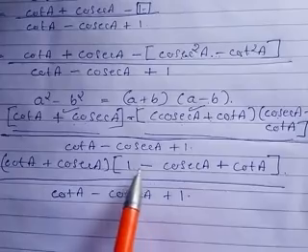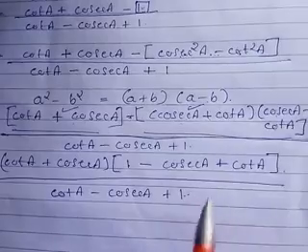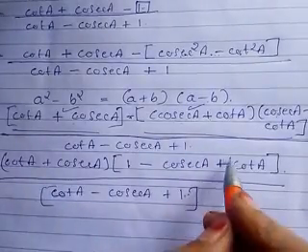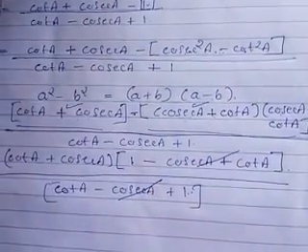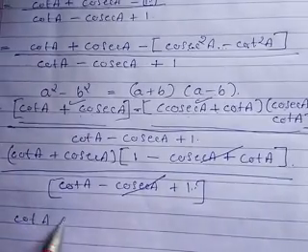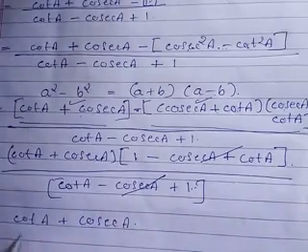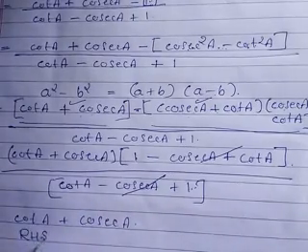Now compare plus 1 minus cosec A plus cot A. We can cancel this bracket. The answer is cot A plus cosec A, equal to RHS.